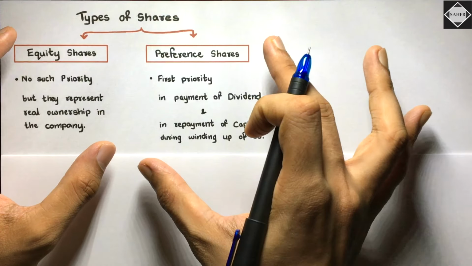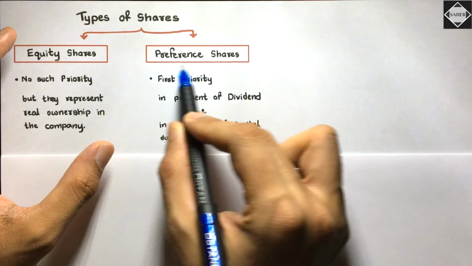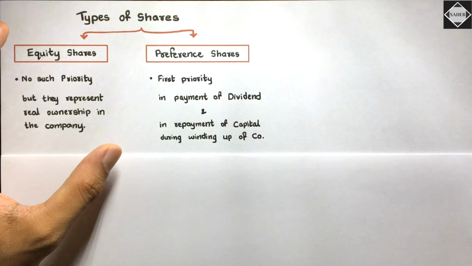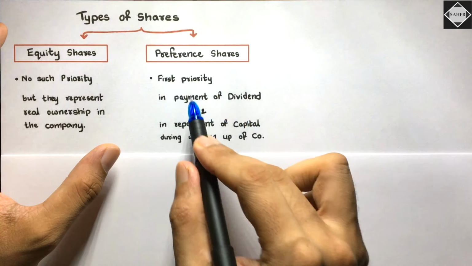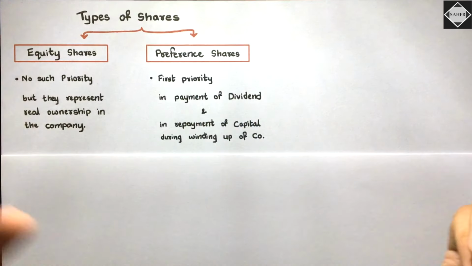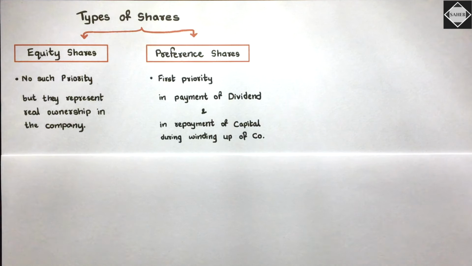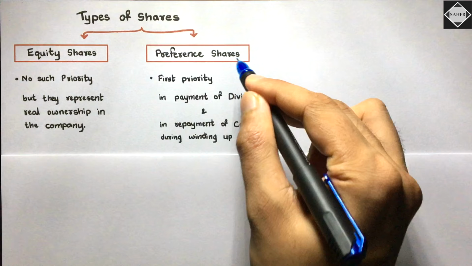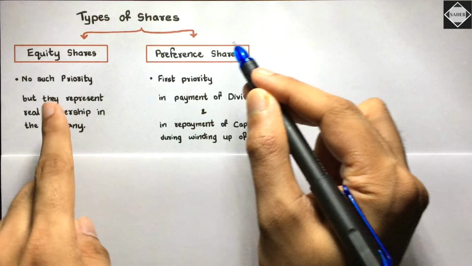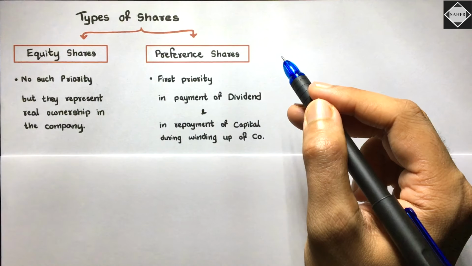Preference shares are the shares which have a preference. Yeah, they have a priority over equity shares. What priority? Priority in payment of dividend. For example, let's just say the company wants to give dividend in any year. First, the company will give dividend to preference shareholders, then dividend will be given to equity shareholders. Okay.